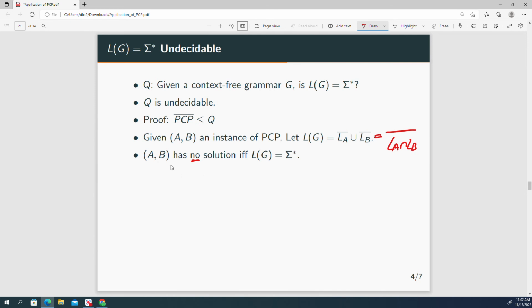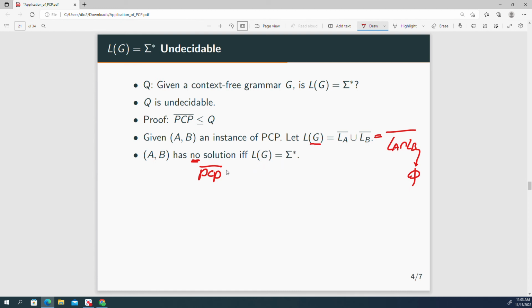So if AB has no solution, that means PCP bar, the negation of PCP, holds, if and only if LG is sigma star. So this is true.